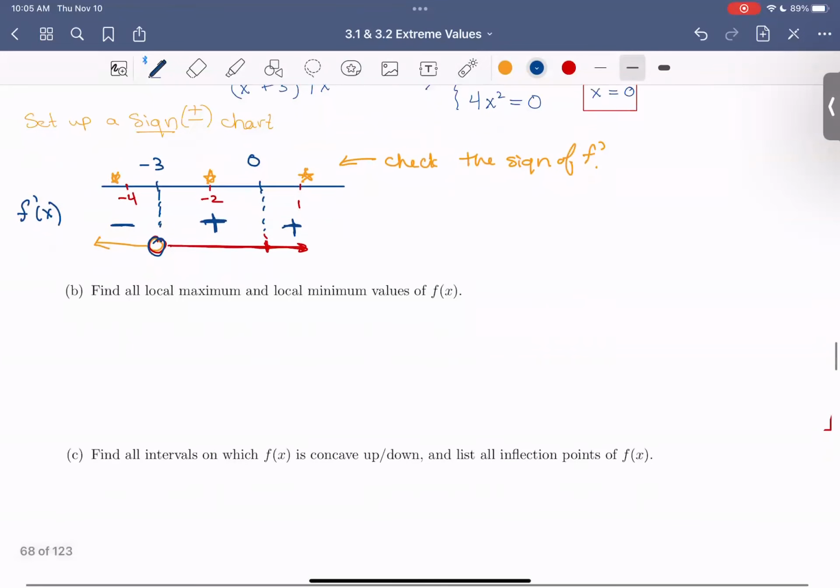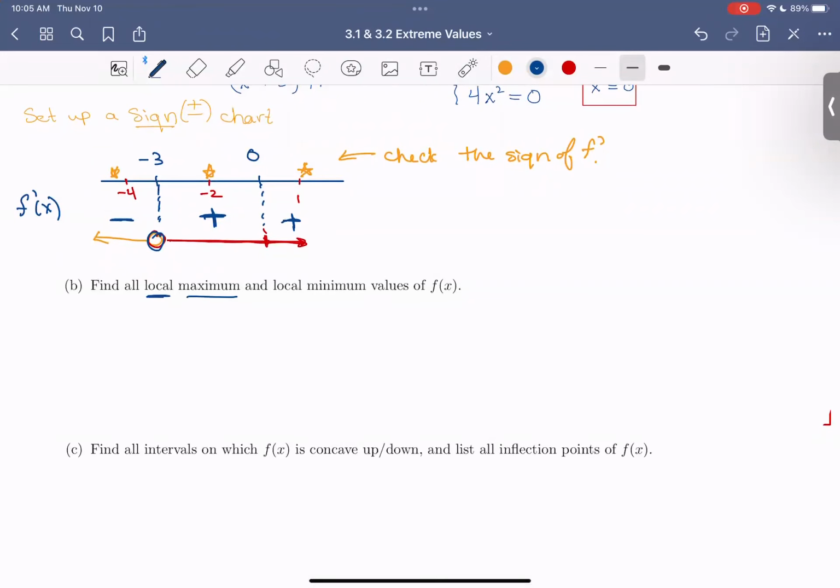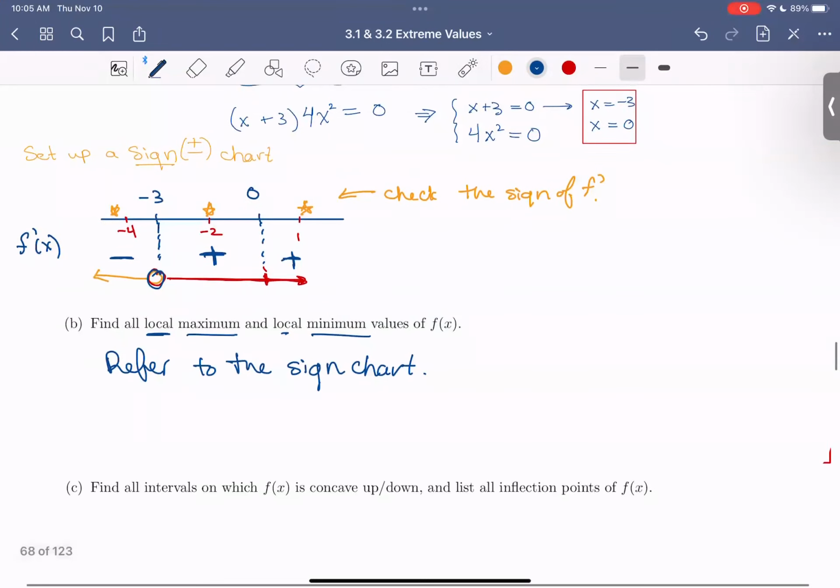All right, so part B says find all local maximum and local minimum values of f of x. So to do this, we can refer to the sign chart above. So we see that the critical values occur at -3 and 0.